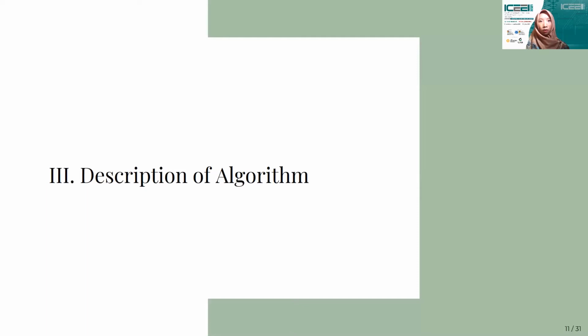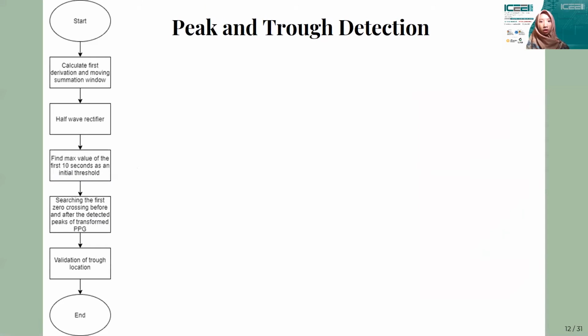Overall, our algorithm consists of peak and trough detection, artifact detection, respiratory signal extraction, and RR estimation. For the peak and trough detection, we use the PPG delineator from Umar Farouk that is based on the first derivation of PPG.